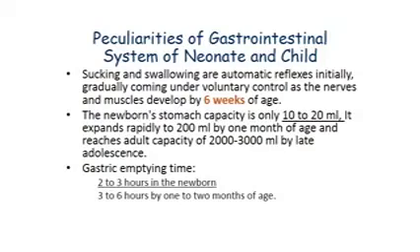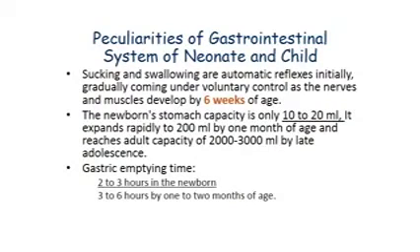Initially, I mean that they are involuntary reflexes early in life. Gradually, they become under voluntary control as the nerves and the muscles develop by the age of 6 weeks. So initially, sucking and swallowing is a reflex. It means that it is an involuntary act. Within 6 weeks, it turns to a voluntary act.